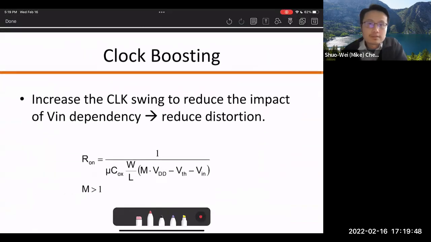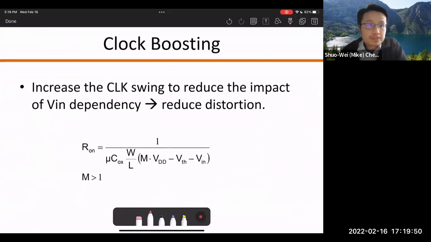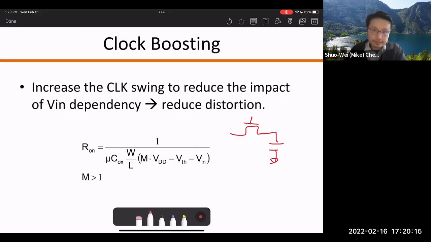All right, so the next useful technique in terms of the sampling circuit is something called clock boosting. The idea is, let's go back to the single transistor, just a single MOS transistor as a sampling switch going into the capacitor.